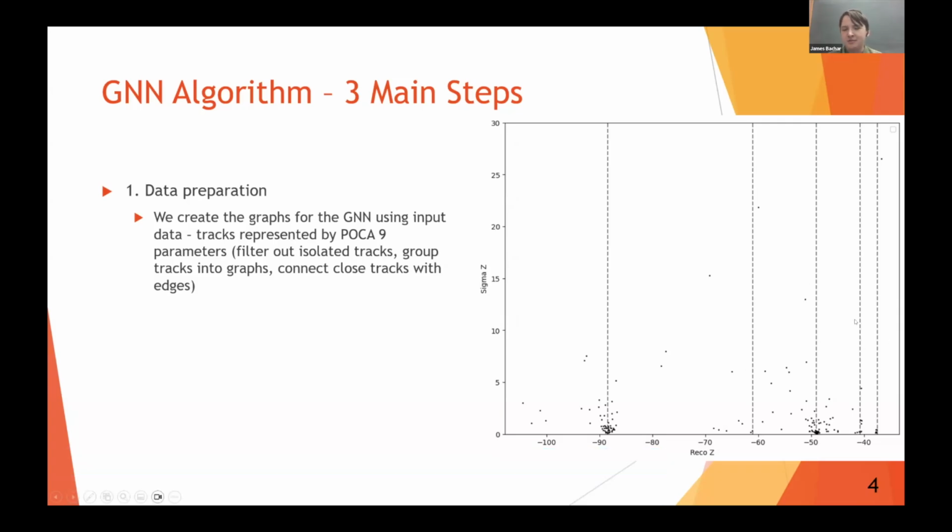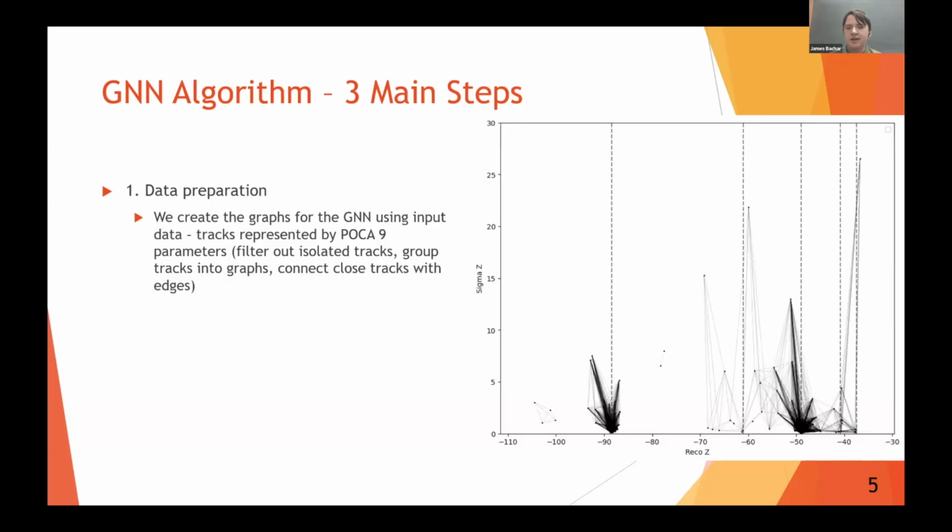We can see all the tracks are clustered around the PV positions, but if you had just seen it without the vertical lines, it would not necessarily be obvious where the positions are. So the way our algorithm works is we take these tracks, which are the nodes of our graph, and we connect close tracks, which are the edges, based on the distance. This is the first step: we need to construct the graphs.